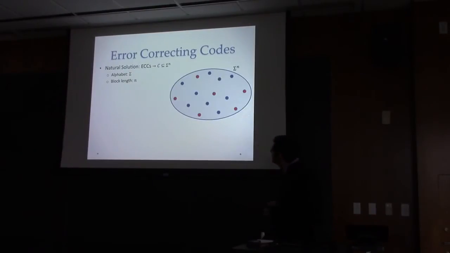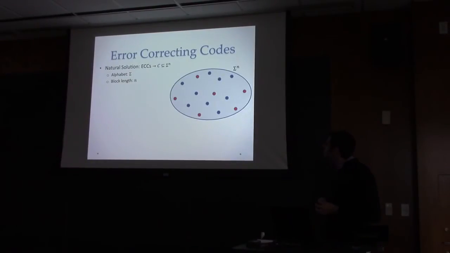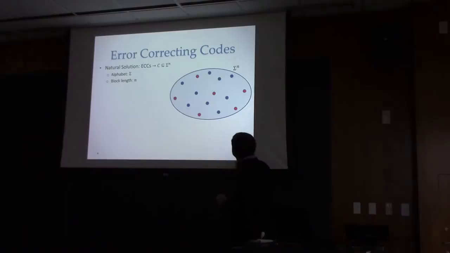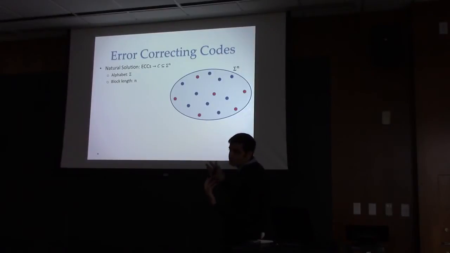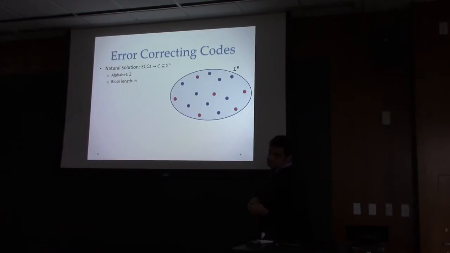As you all might have probably seen, you can think of a huge graph with sigma to the n number of vertices, where any vertex corresponds to some string of length n over alphabet sigma. And I connect two of these vertices if the corresponding strings differ in exactly one position.